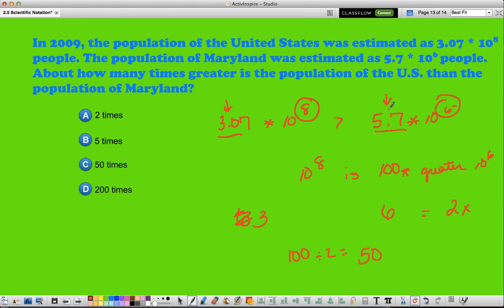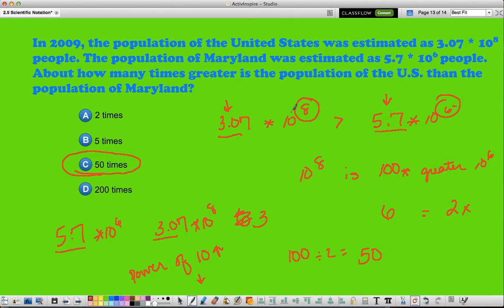Or you can look and say that when I go from my smaller exponential form to my larger exponential form, yes, my power of 10 goes up, but that other number goes down. And when that happens, you divide these two numbers to find your answer. So it's 50 times as great.